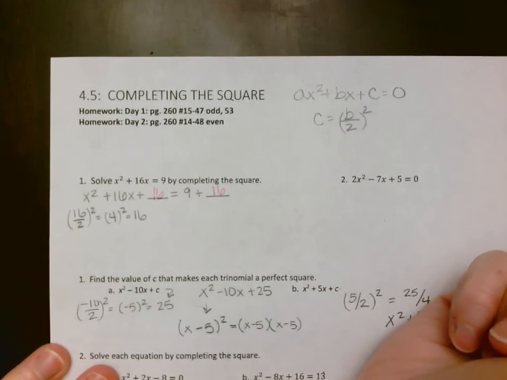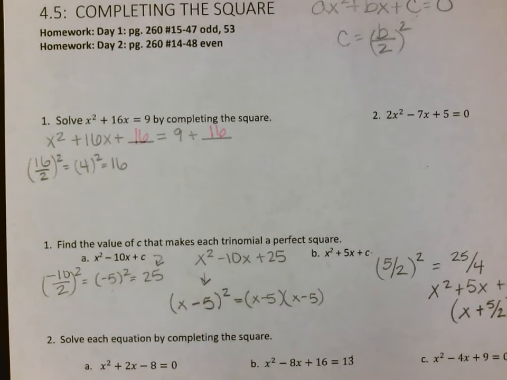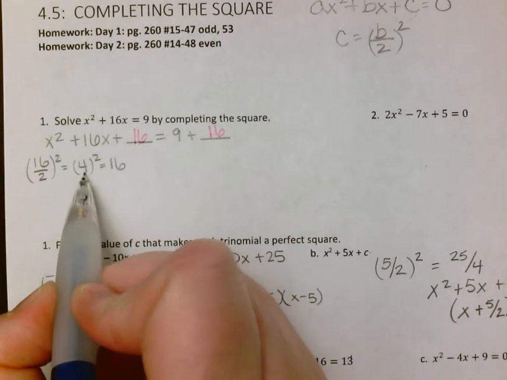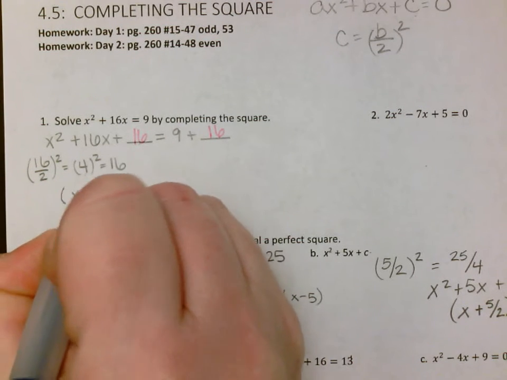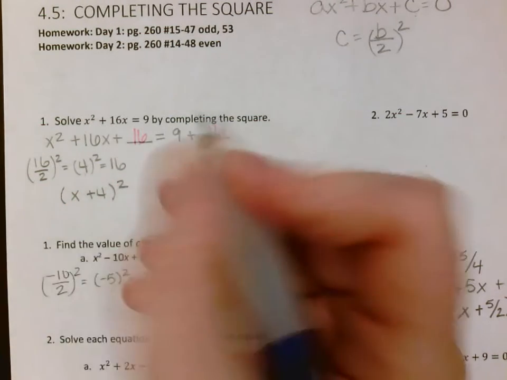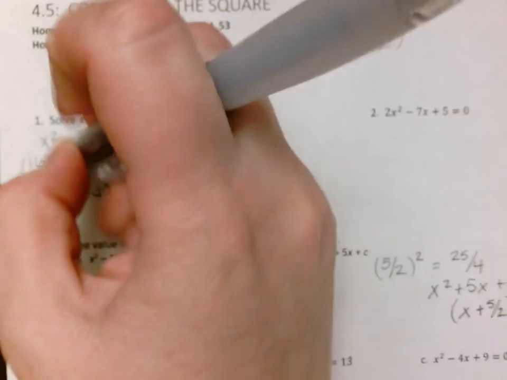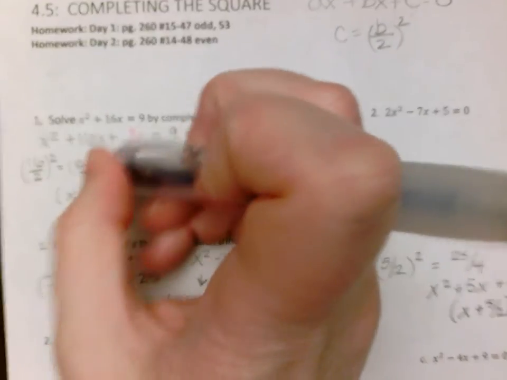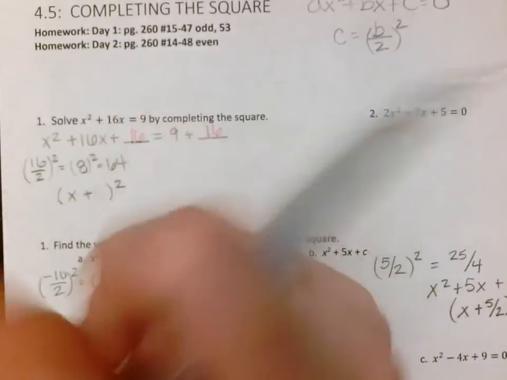to each side. I'm going to automatically know what this factors to. So on the left side, I know it's going to be x plus 4 squared. Wow, I did that wrong. Let's try that again. This should be 8. This should be 64. This should be 8.